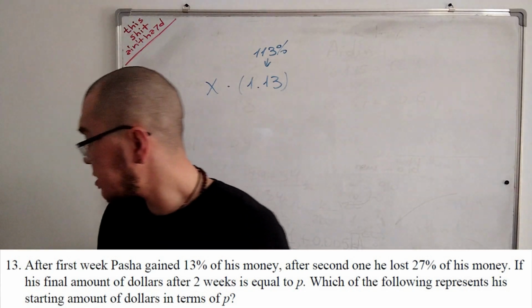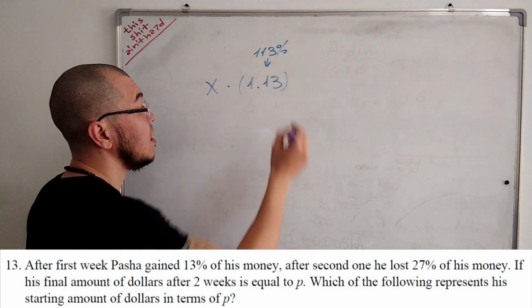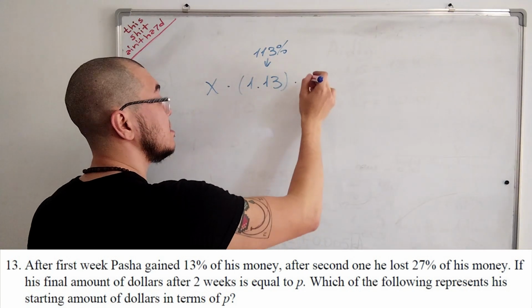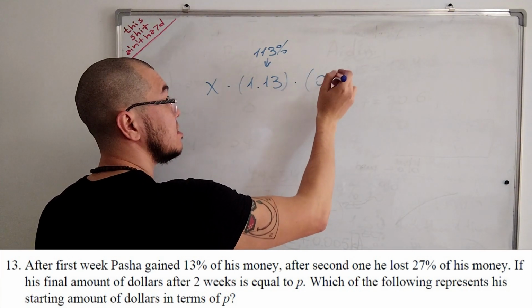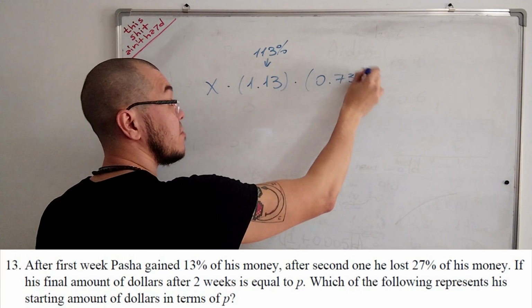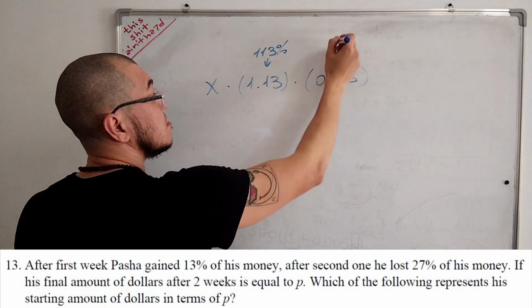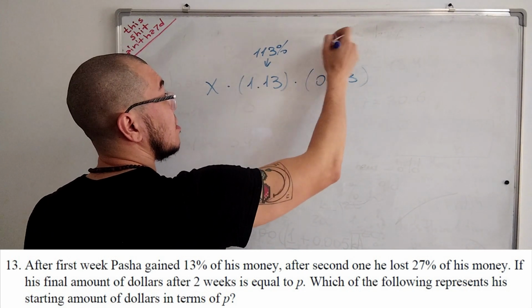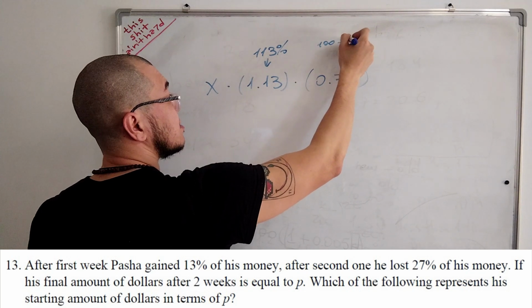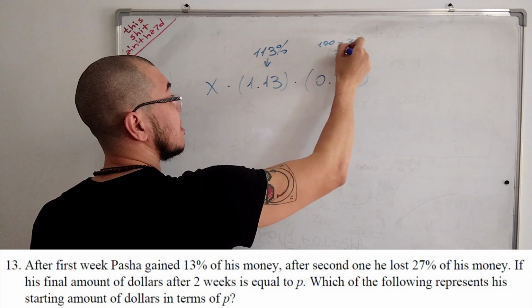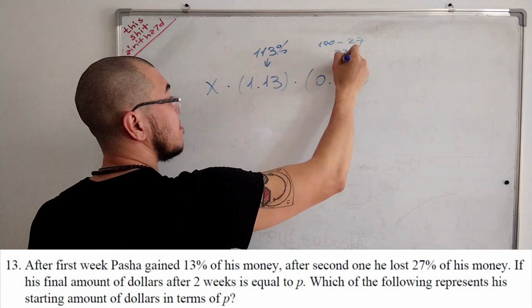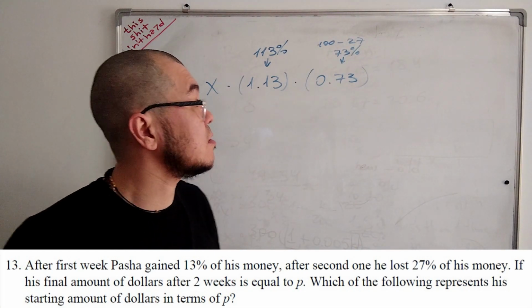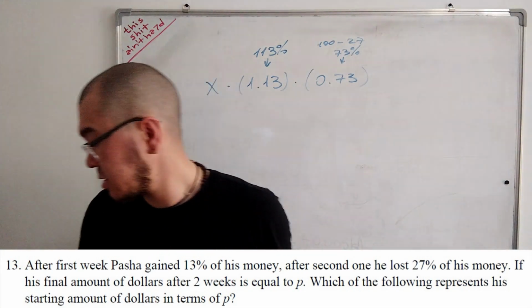Then he lost 27% of his money, and we multiply this by 0.73. 100% minus 27% is equal to 73%, and 73% is equal to 0.73 in decimals.